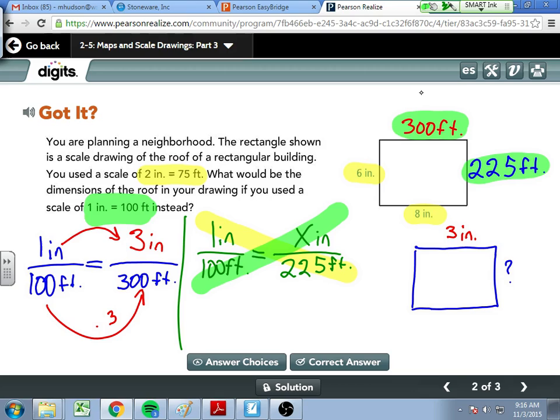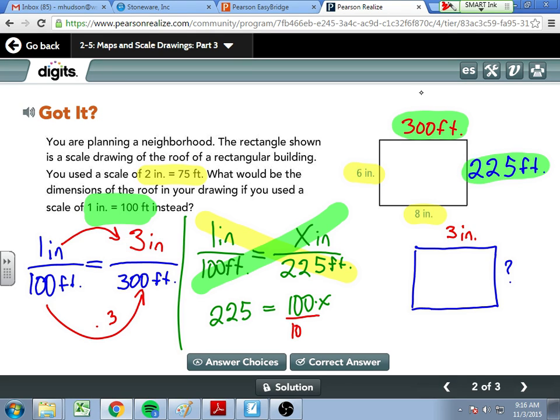We'll cross multiply those guys. So 1 times 225 gives me 225 equal to 100 times x. What do I do to solve for that x? Divide by 100.